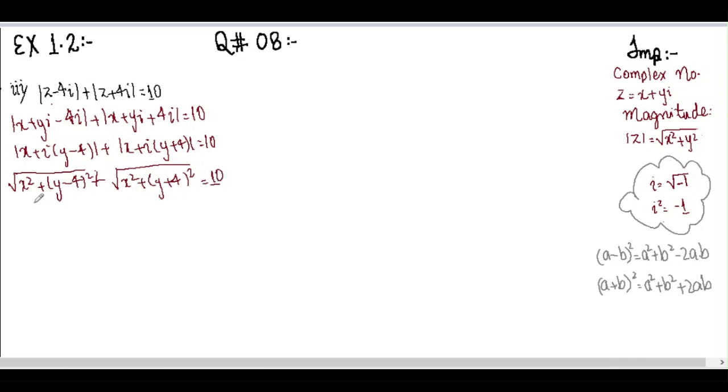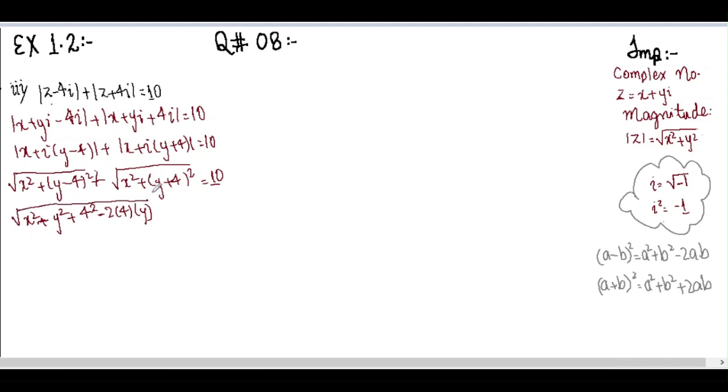Now we are going to shift this part over there so that we can easily solve it. It becomes square root of x square plus, now opening this square, its formula is (a minus b) whole square equals a square plus b square minus 2ab. So we put this value over here and we get plus y square plus 4 square minus 2 into 4 into y within the square root.